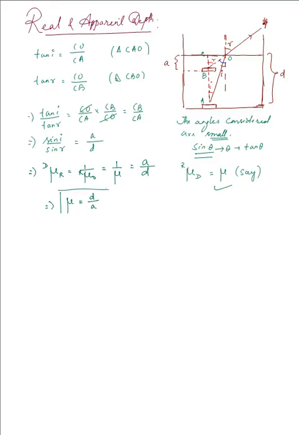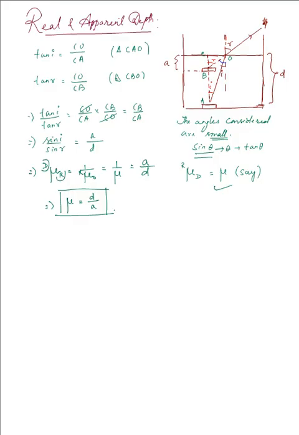Now it is quite easy to identify whether you take it D over A or A over D, because the apparent depth will always be less than the real depth. When you have A over D, that means you are considering the refractive index of an optically rarer with respect to an optically denser medium.